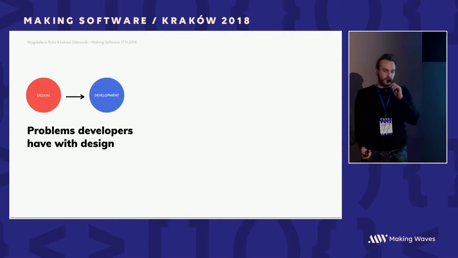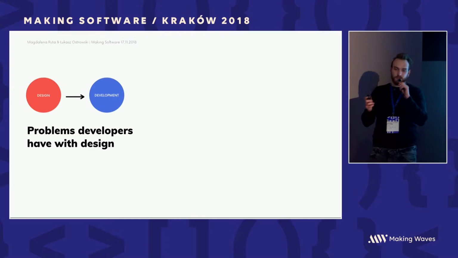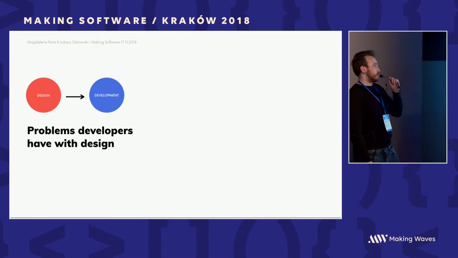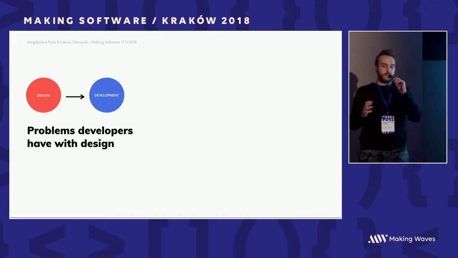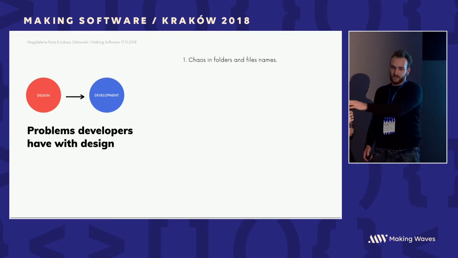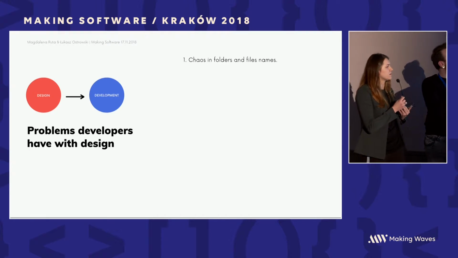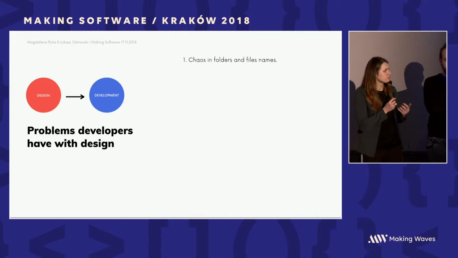So we can start with this design and development perspective. We will not talk about the business, let's focus here, but we can point out some problems when design is delivered to the developer. So first of all, as we said, there is chaos in the folders and the file names.